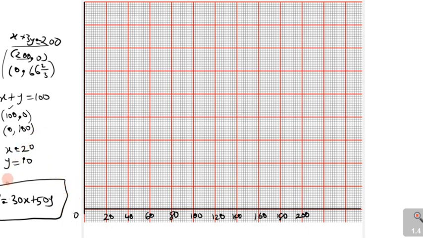Then for the y-axis, because the highest value of y is 100, we can take 10, 20, 30, 40, 50... that would not be enough, so I'll take 20 each also. So I'll take 20, 40, 60, 80, 100.